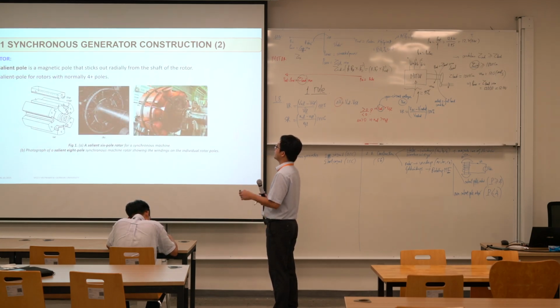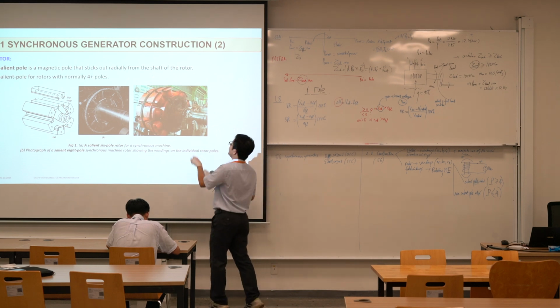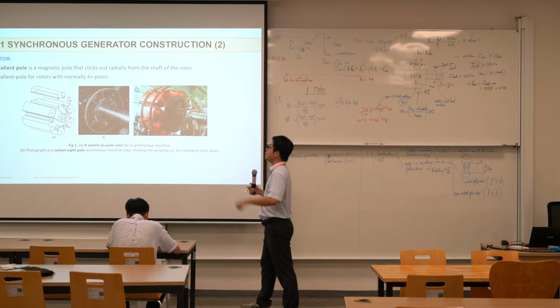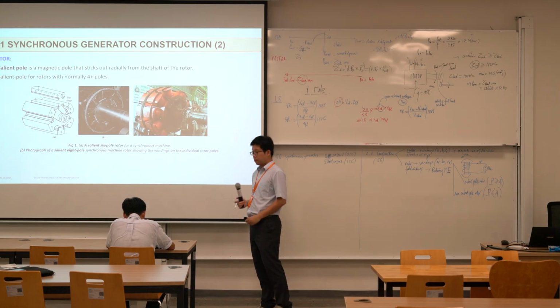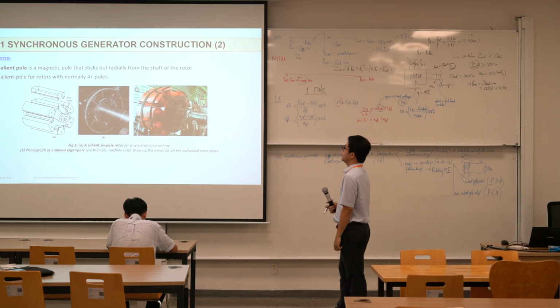And if we go back to the salient pole rotors, the length of the rotor is smaller, but the diameter of the rotor is bigger, because of more poles. Yeah, so the diameter is bigger.